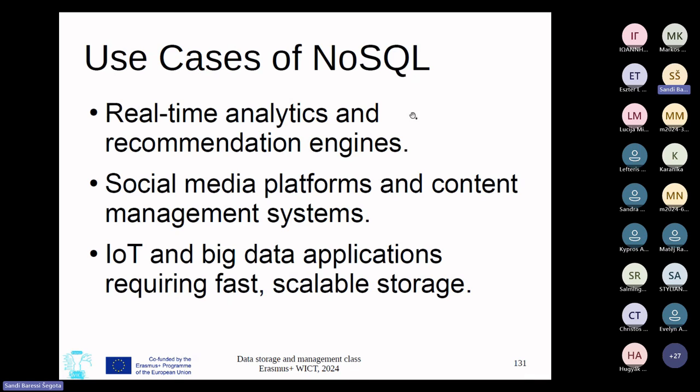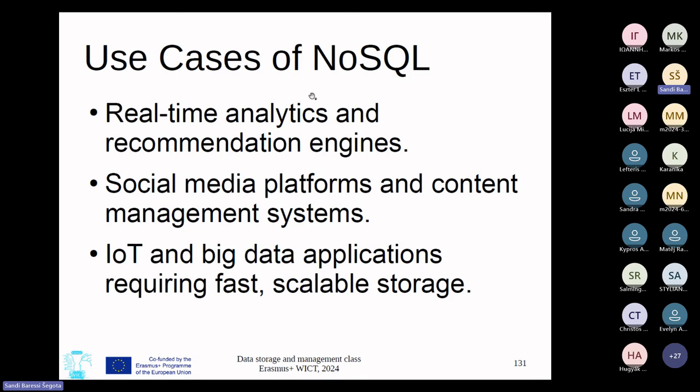Okay, these are some use cases. I already went over some of them. Real-time analytics, recommendation engines. Recommendation engines are something that you saw if you're ever shopping online, and it tells you, hey, this is the drive that you should buy, or other people that bought this also bought this. That's something that is based on NoSQL. And if you talked about it, I assume you did clustering.